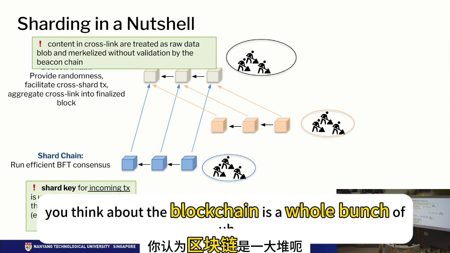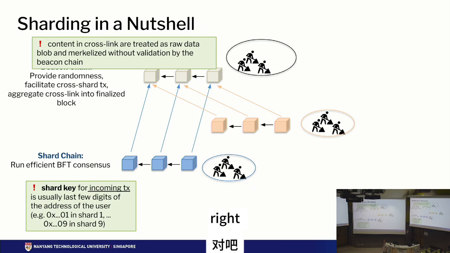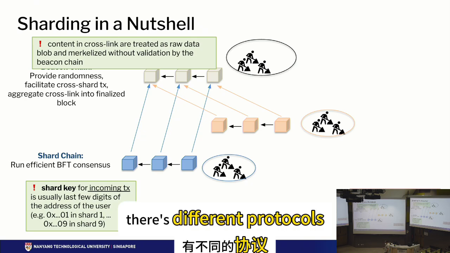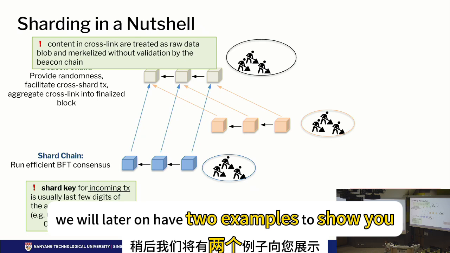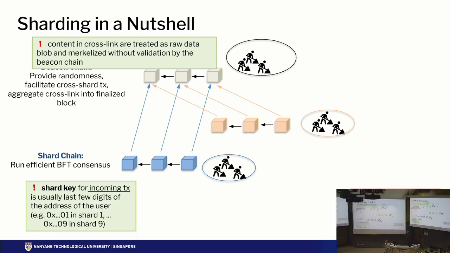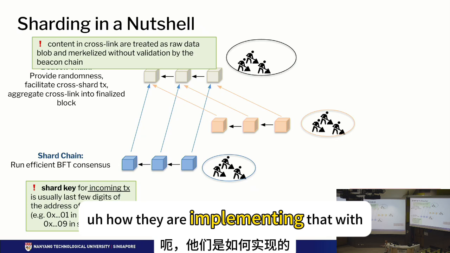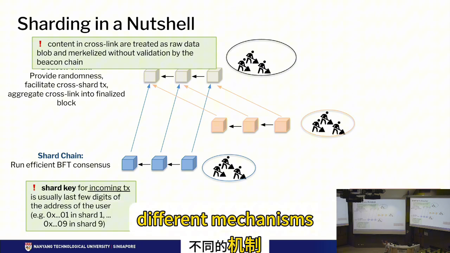You think about the blockchain as a whole bunch of hashed Merkle trees, right? There are different protocols for different ways to update the information on that. We will later have 2 examples to show you how they are implementing that with different mechanisms.